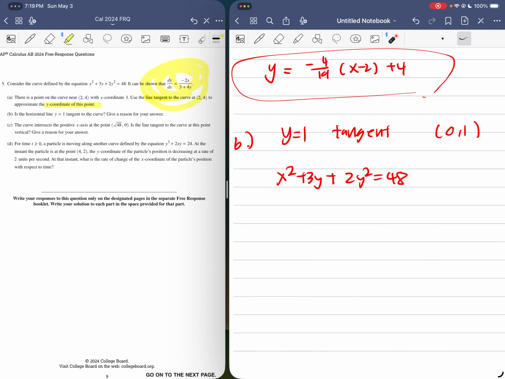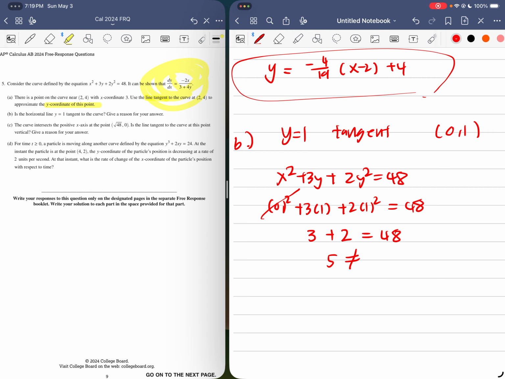I'm going to plug in 0 squared plus 3 times 1 plus 2 times 1 squared, and see if it's 48. You can already tell 3 plus 2, 5 is not equal to 48. So I can clearly say this is not tangent.